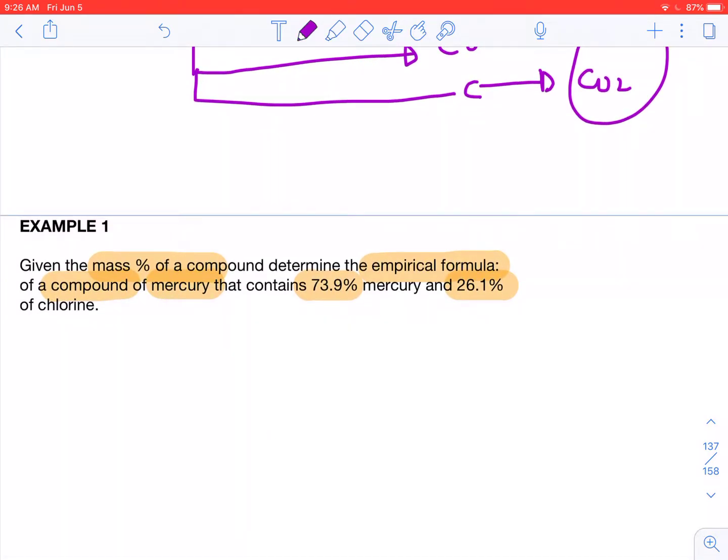So we say assume a 100 gram sample. You could assume a 200 gram sample or a 50 gram sample, whatever, but since it's percentage, we will assume a 100 gram sample.